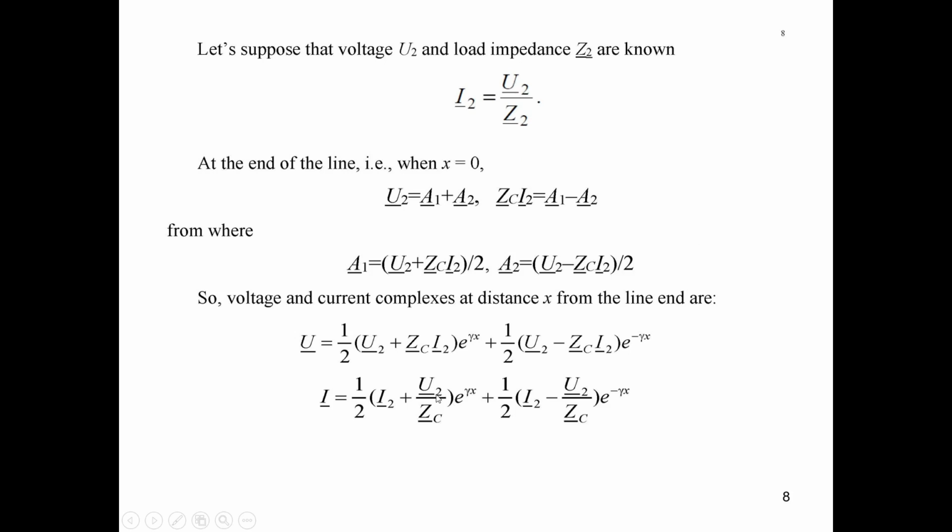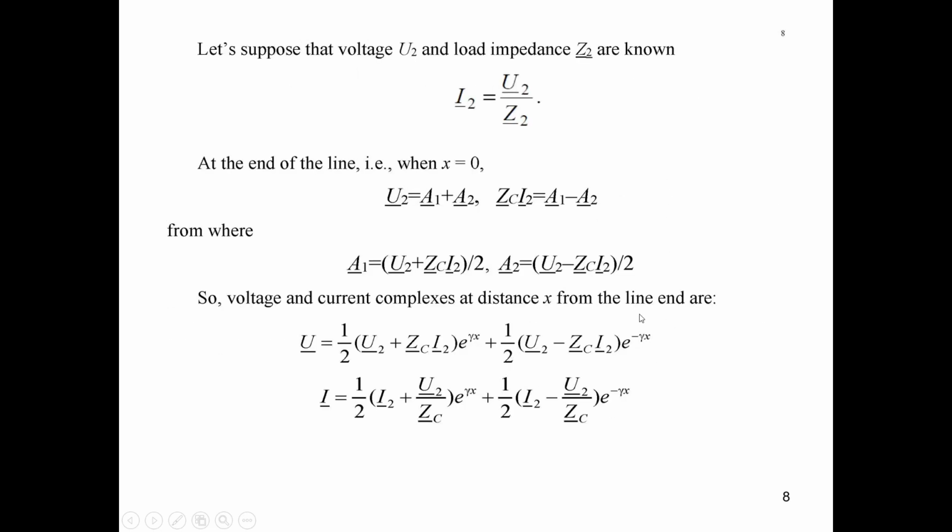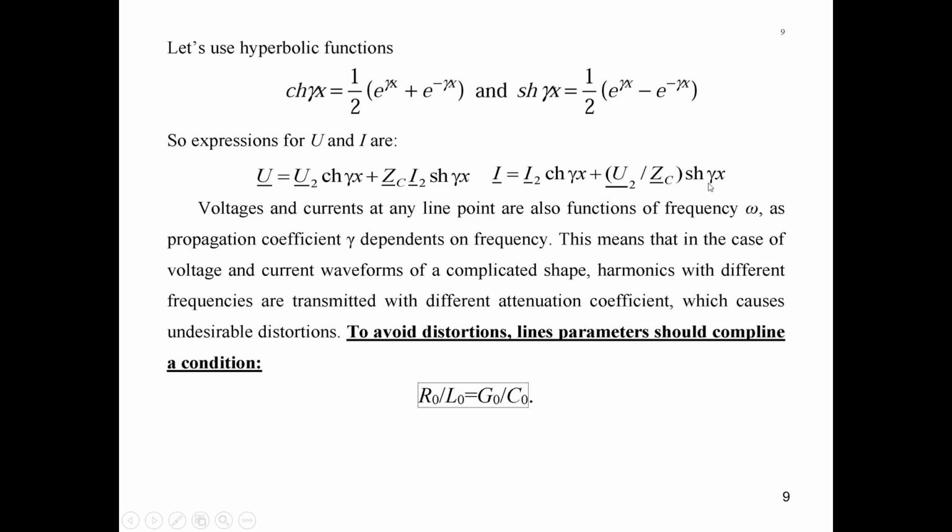Then the coefficient u2 over Zc, and here u2 over Zc over 2, and in brackets it will be e to the gamma x minus e to the minus gamma x, and it is sinh gamma x with this coefficient, okay? And we have here 1/2 and here 1/2, so it will be just hyperbolic sine and hyperbolic cosine.